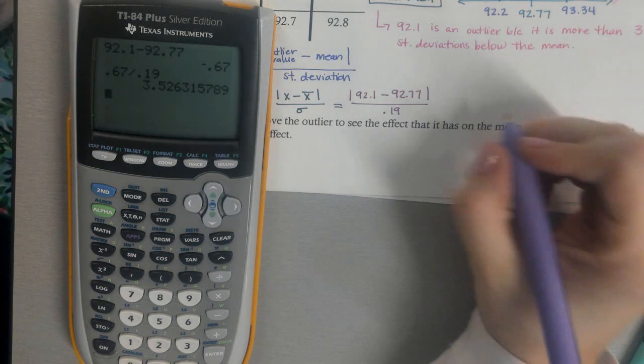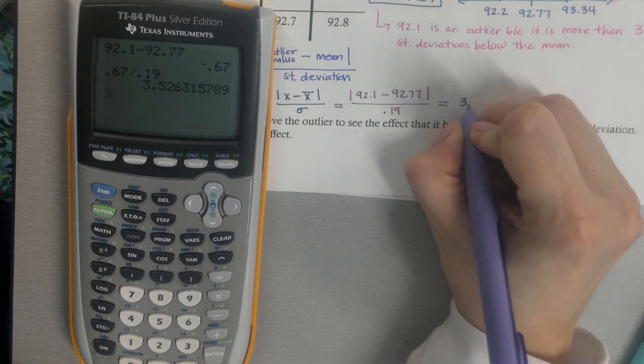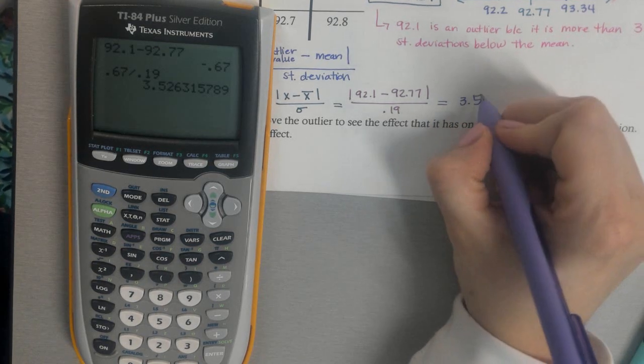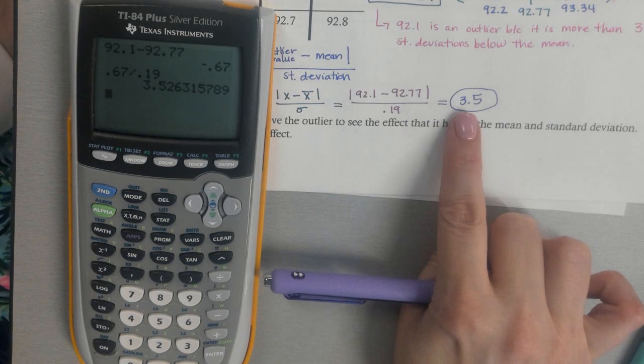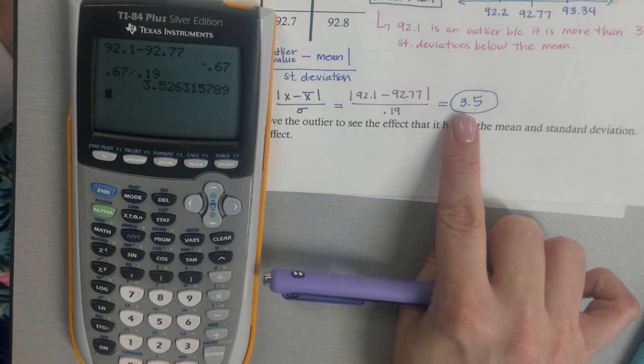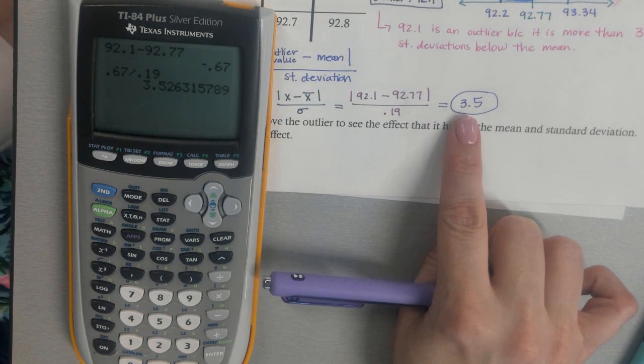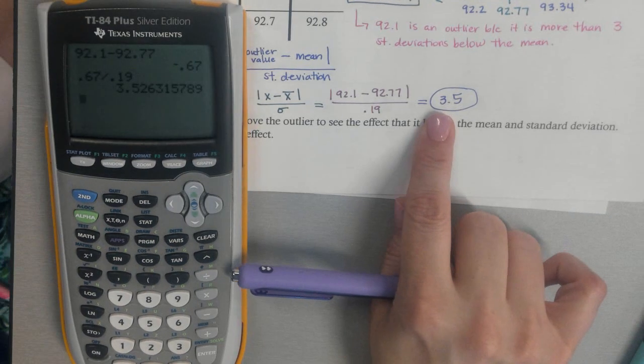Okay, so let's look at our value. Can you guys think about the significance of this value? Yeah, exactly. So this is telling you how far away it is from the mean. So if it's above 3, you know it's greater than 3 standard deviations away. Okay?